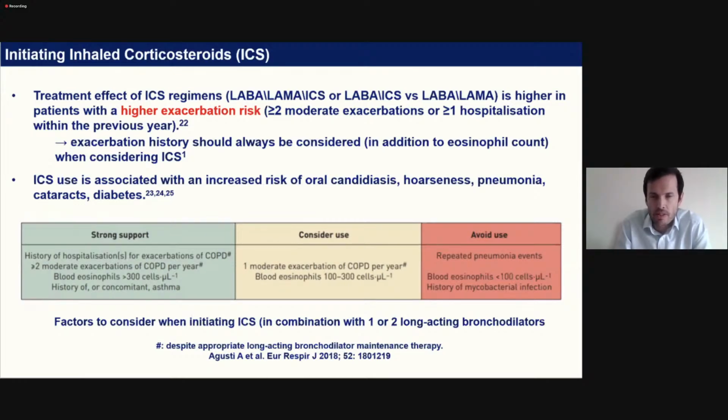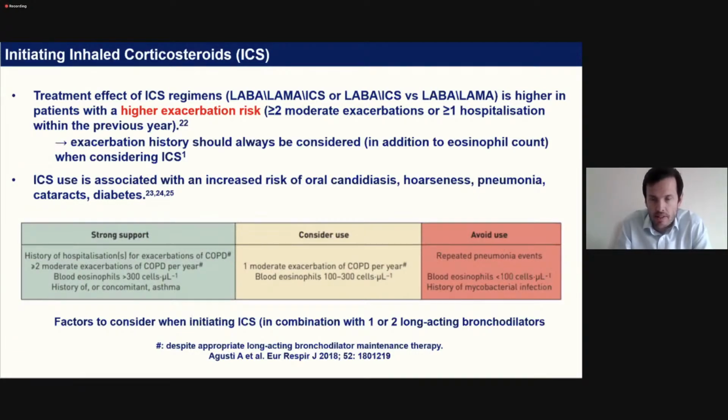The higher exacerbation risk is deemed to be 2 or more moderate exacerbations or 1 hospitalization with COPD exacerbation within the previous year. And that is why exacerbation history should always be considered in addition to the eosinophil count when considering initiation of an ICS regimen.